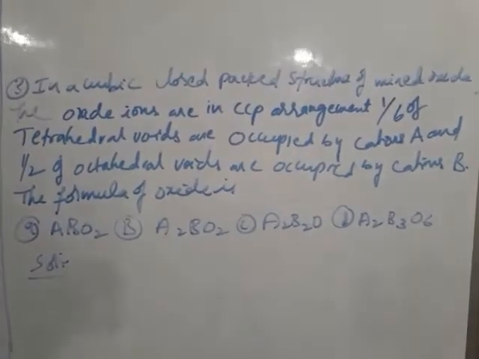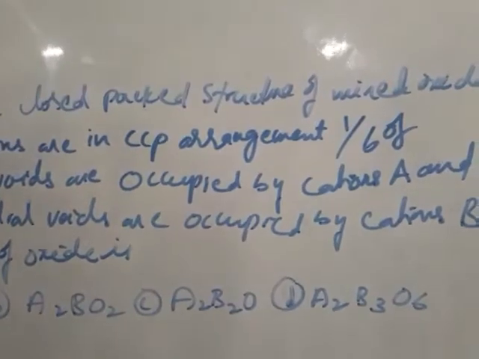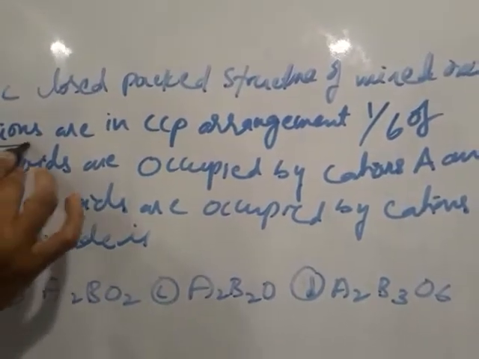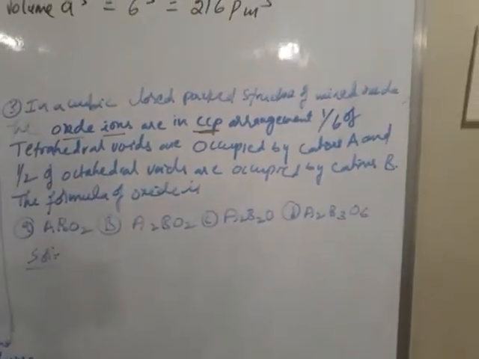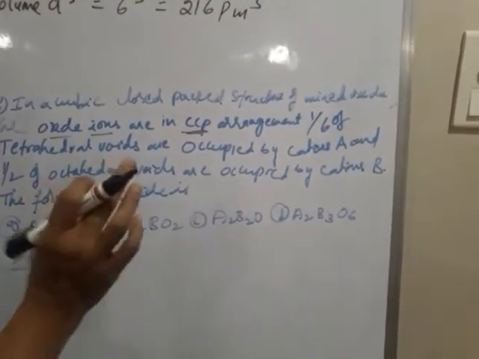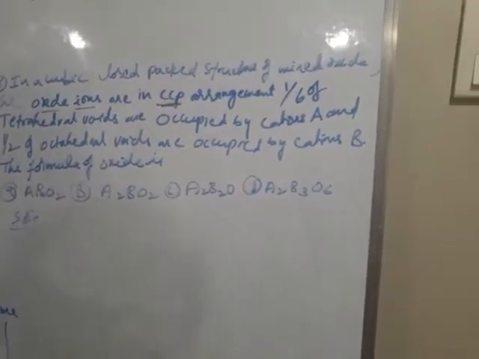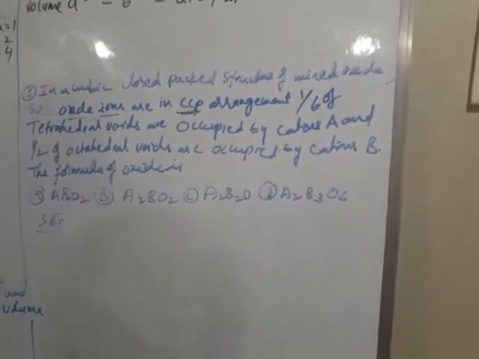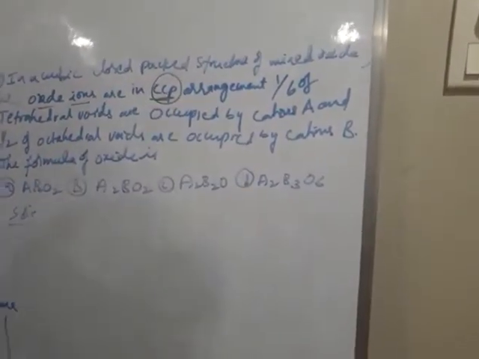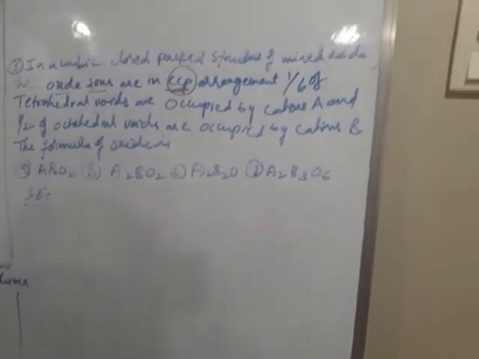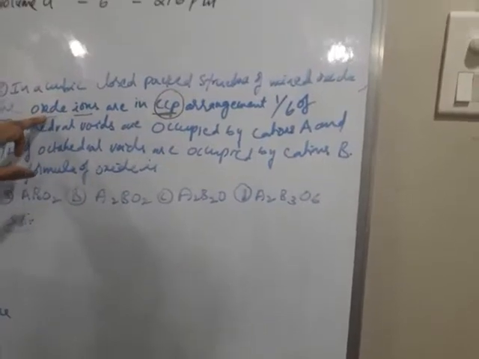So here, a cubic close packed structure of mixed oxide is there and all the oxide ions are in CCP arrangement. CCP arrangement means FCC arrangement. So it contains 8 corner points and 6 face centered points, all occupied by oxide ions.